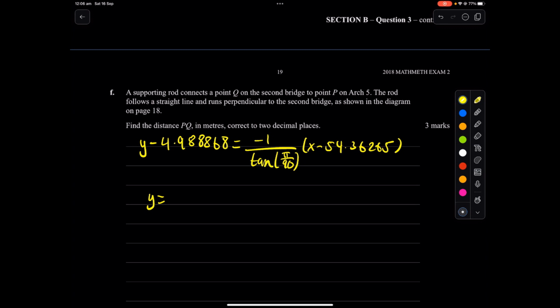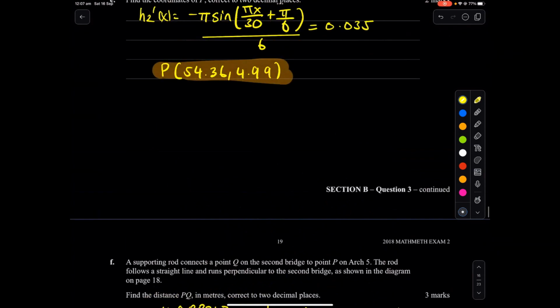Let's write that down. So -28.63625 x minus 54.53687, and so we have this.